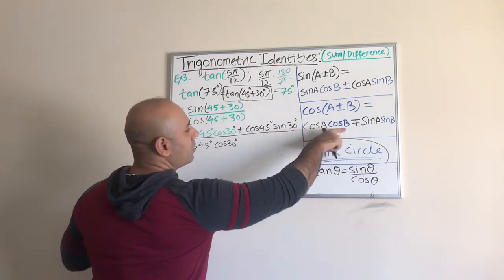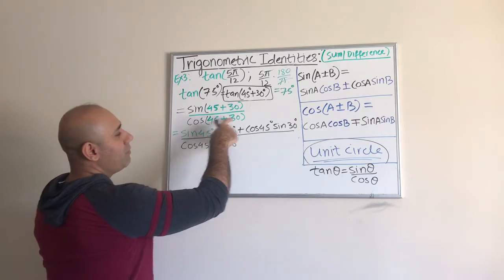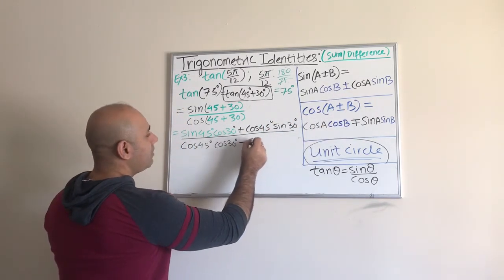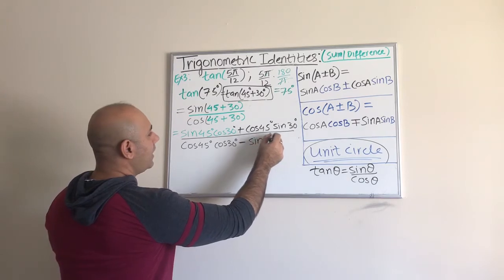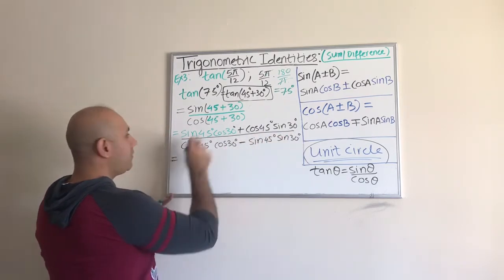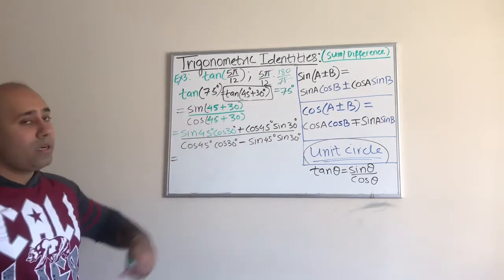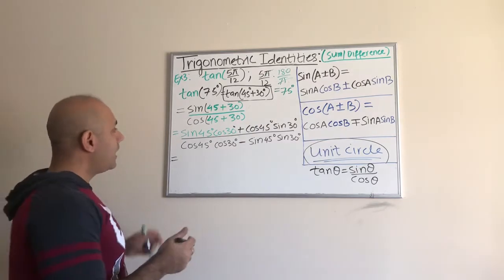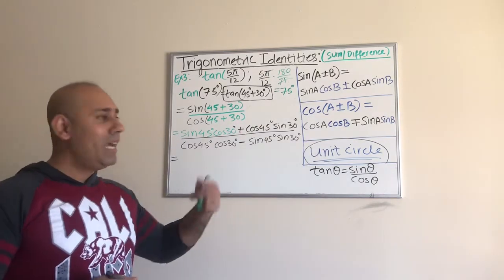We have both cosines here, and then if we have a plus here, I have to use the minus, right? Minus, and then I have to use the sine 45 and sine 30 degrees. Guys, I simply use the formula that is already here, or which is going to be on your formula sheets.